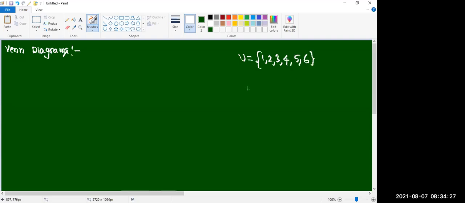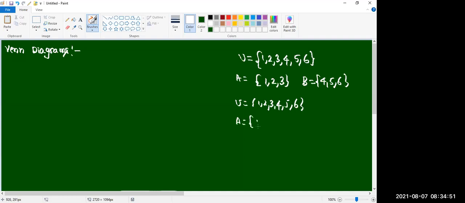In it a small set is there, 1, 2, 3, which is a subset of the universal set, and 4, 5, 6 is there. Another case: the universal set is 1, 2, 3, 4, 5, 6, A equal to 1, 2, 3, and B equal to 3, 4, 5, 6. Two cases you observe carefully.